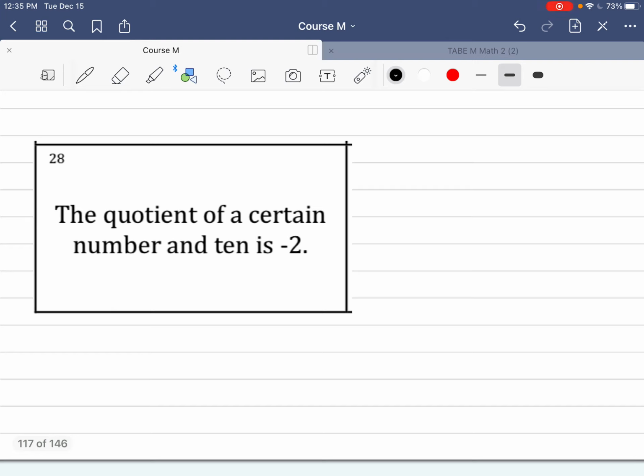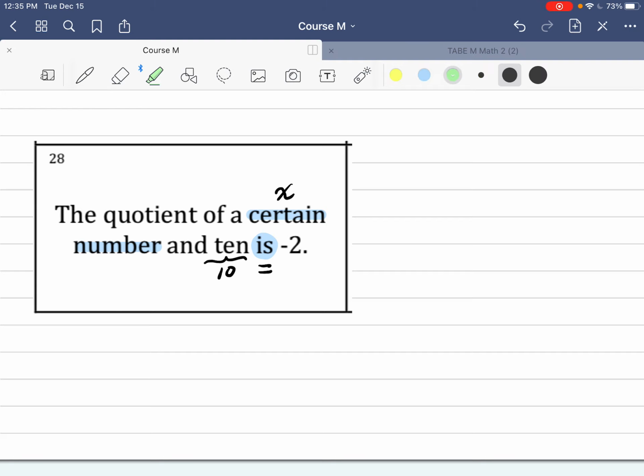Number 28. The quotient of a certain number and 10 is, there's the equal sign, certain number, that's going to be the variable. So we've got the x, we've got the is, here is a 10.